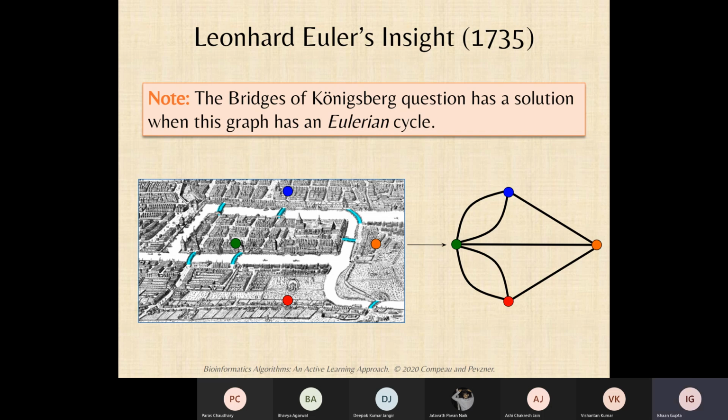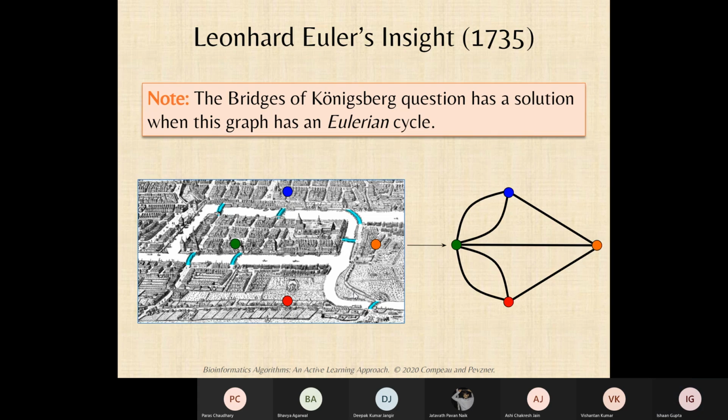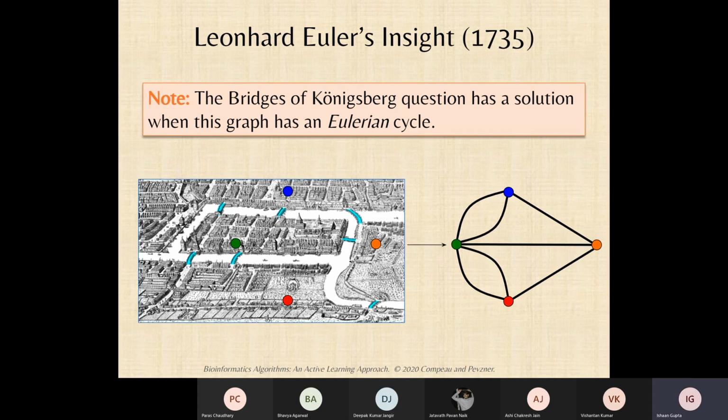What is the maximum number of bridges you can cross non-overlappingly? You don't have to repeat. So I guess 6.